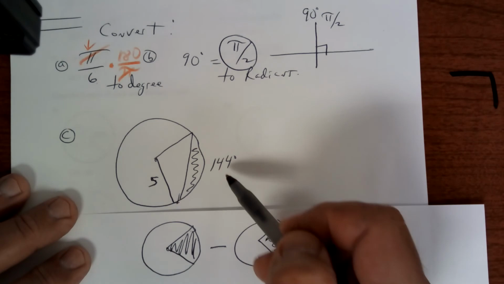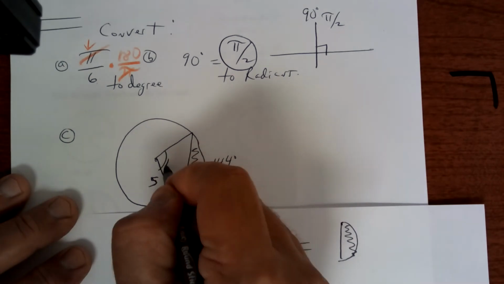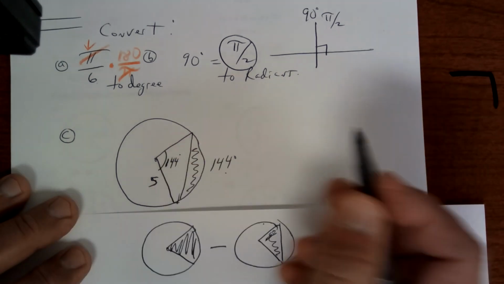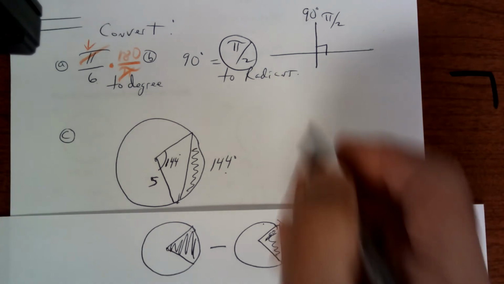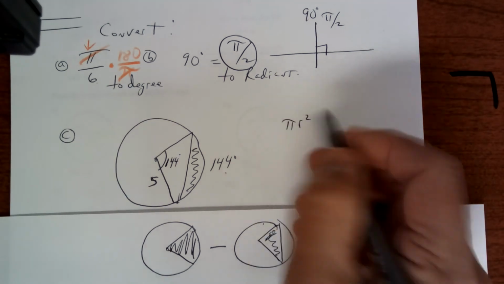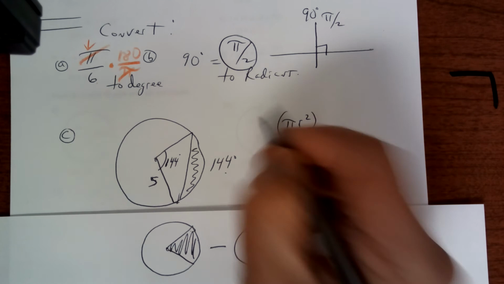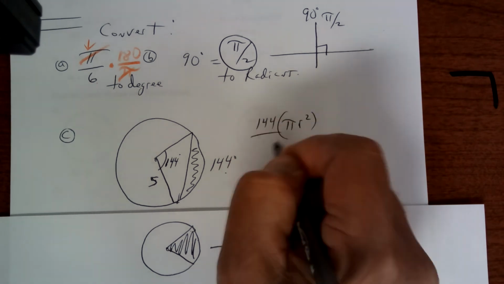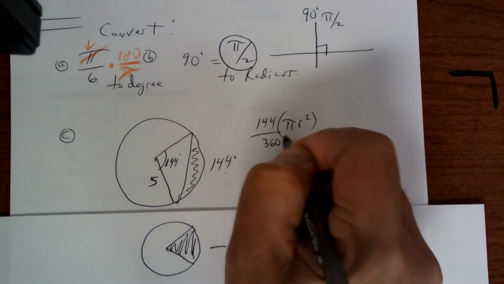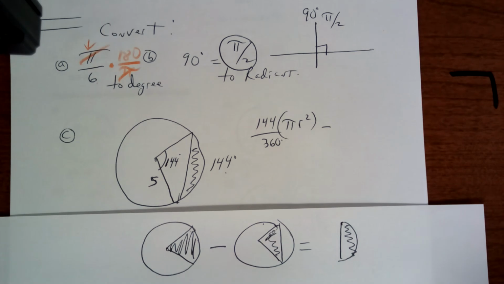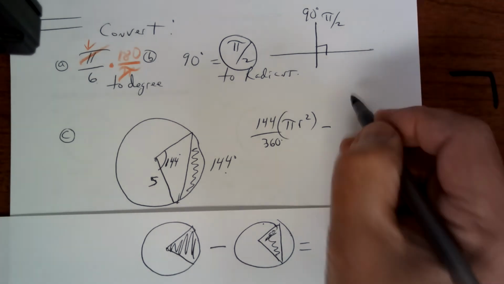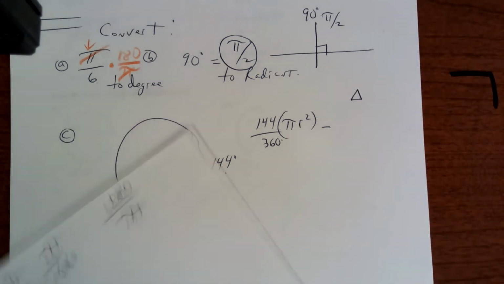We're doing the area of the sector minus the triangle. Well, to get the area of the sector, you're going to put 144 degrees right here. So it's going to be, area is pi radius squared, and you want a fraction of that, so it's going to be 144 over 360. That's going to give you the area of the sector, and then you have to subtract that triangle. Now here's how you do the triangle, so pay attention.